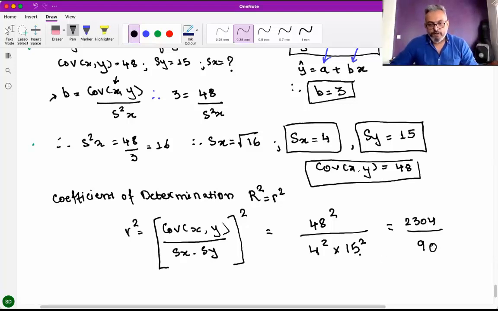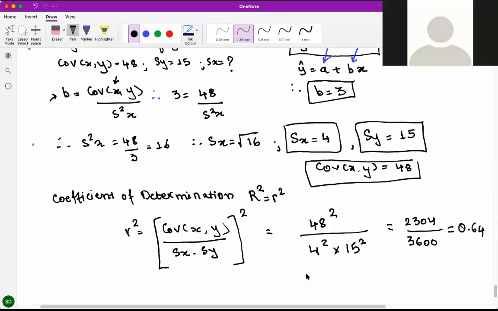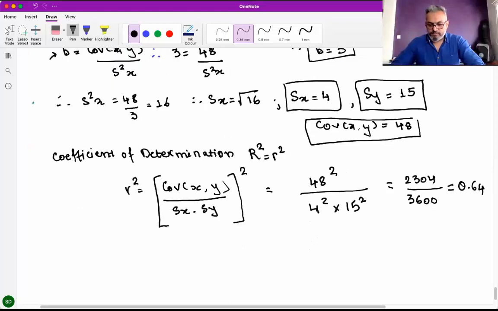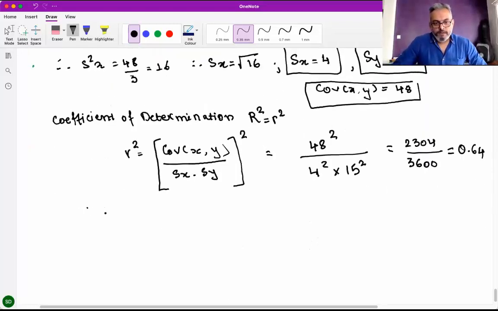Sorry, 15 square is 225 into 16 is, calculation error, 3600, which is equal to 0.64. Therefore, capital R square is equal to 0.64. Answer.